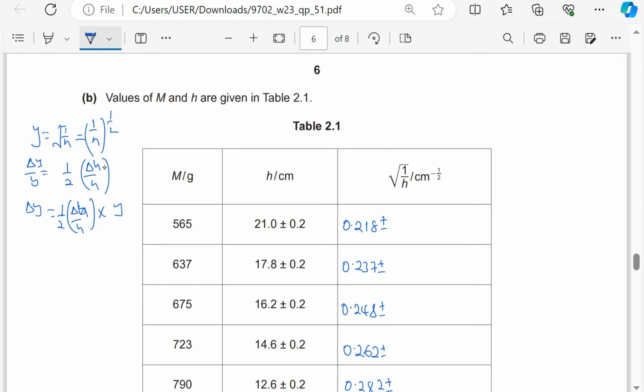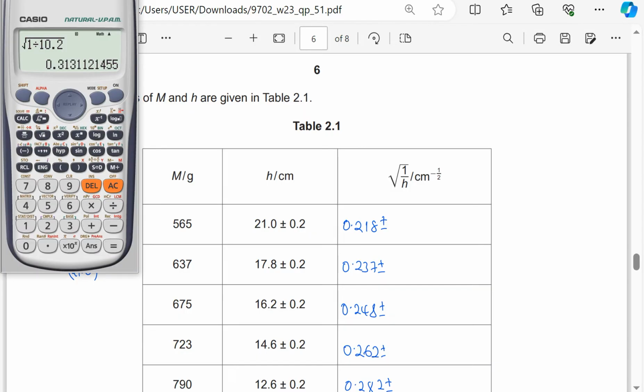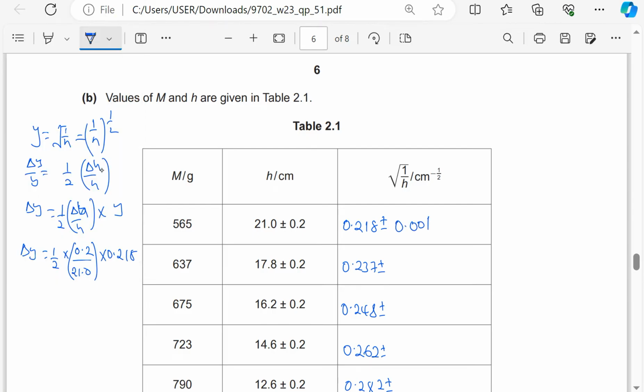So for example, the first one is going to be the absolute uncertainty in y is going to be a half times 0.2 divided by 21.0. Then the value of y is 0.218. So let's check that one. 0.5 times 0.2 divided by 21, then times 0.218. So to one significant figure, that is 0.001.